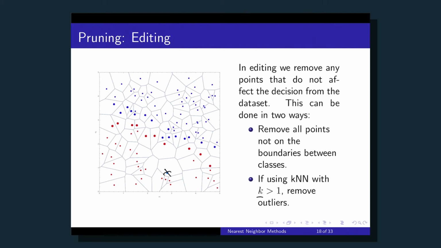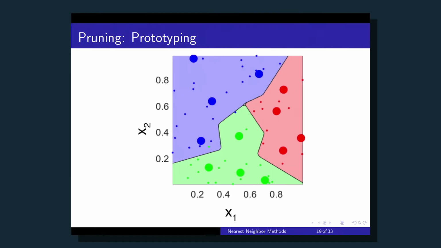So that's editing in terms of pruning. Another way of pruning is what are called prototypes. So prototyping. Instead of taking all the points in your KNN data set, you pick certain exemplars. You try to pick these as good a sample as possible of the actual set.